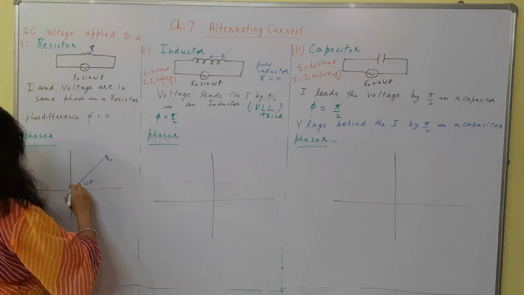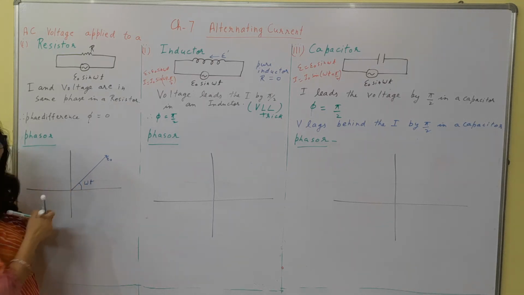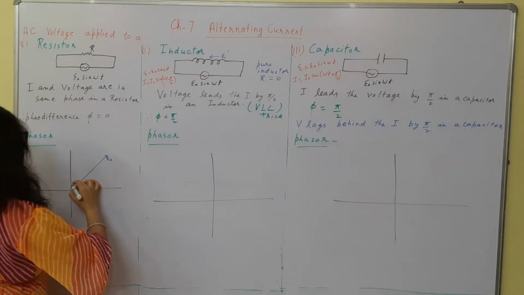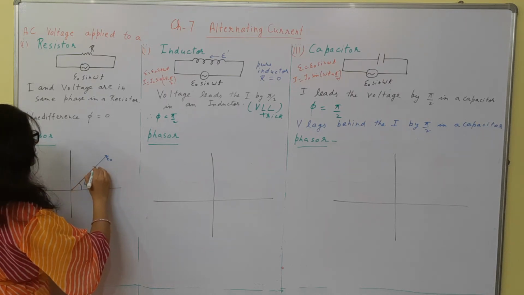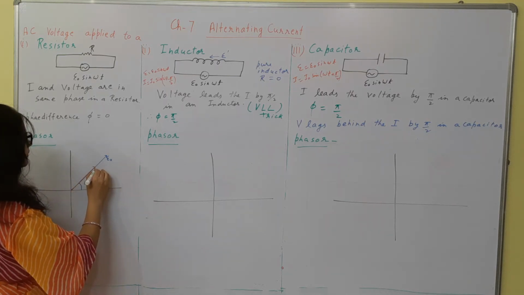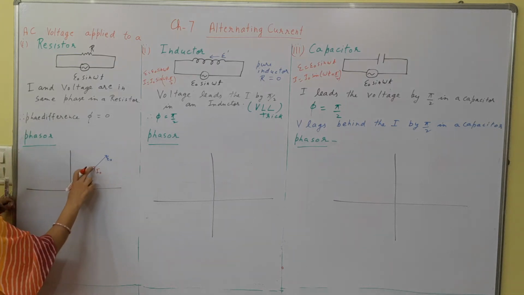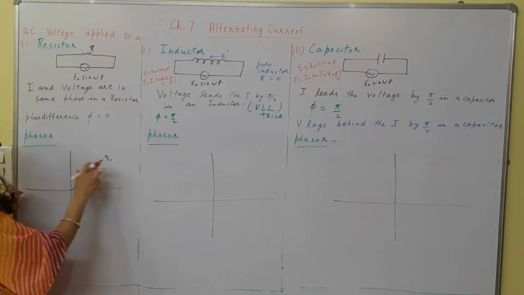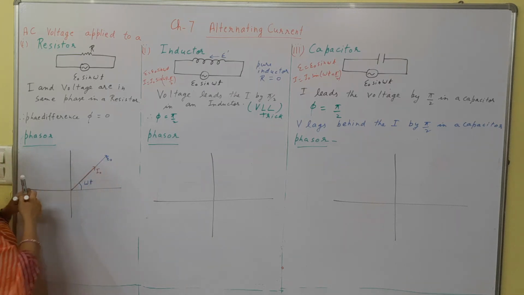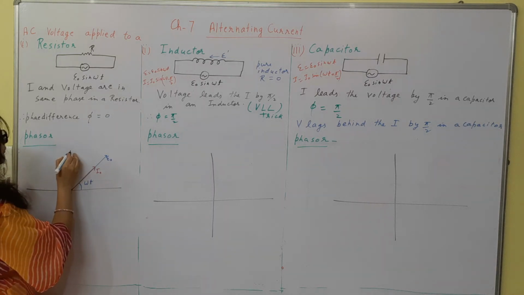And if we are drawing a current phasor, because current is also in the same phase, this will give you the current phasor, and the length gives the magnitude of the peak current, and peak voltage is given by this phasor.